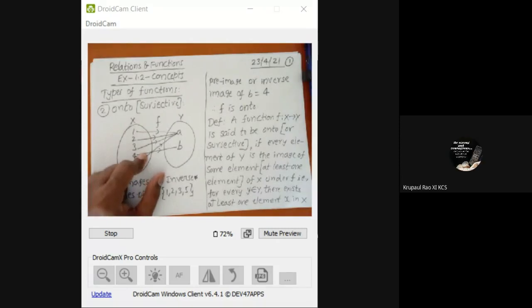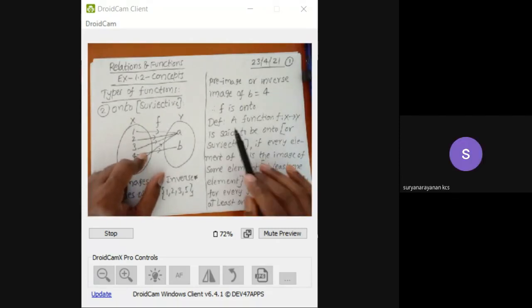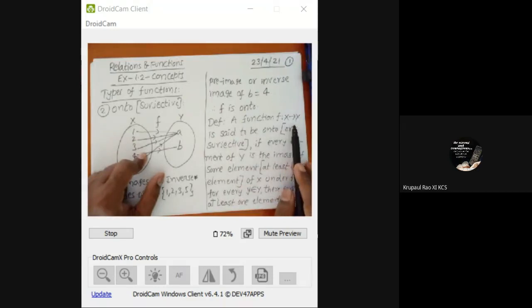Next, Krupal. My dear Krupal, read this definition once. A function f is a mapping of X to Y. Krupal, stop. F is a mapping from, not mapping of. Read it correctly.